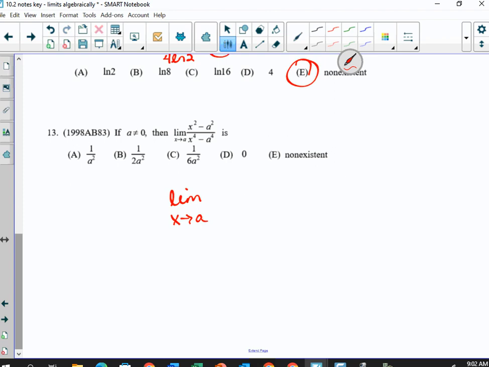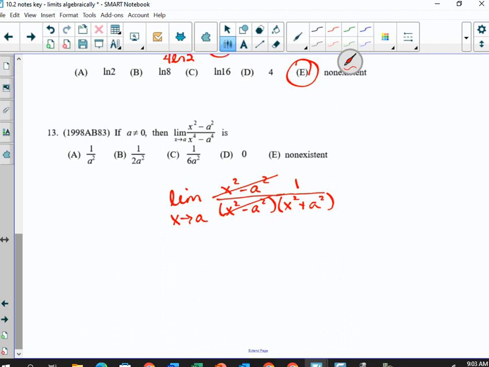I'm going to actually leave the numerator alone. You could factor it. I'm going to leave it alone, because I can see where it's going. Denominator, can I factor that? What will it become? Anybody? X squared minus A squared, and then X squared plus X. Okay, cancel that.